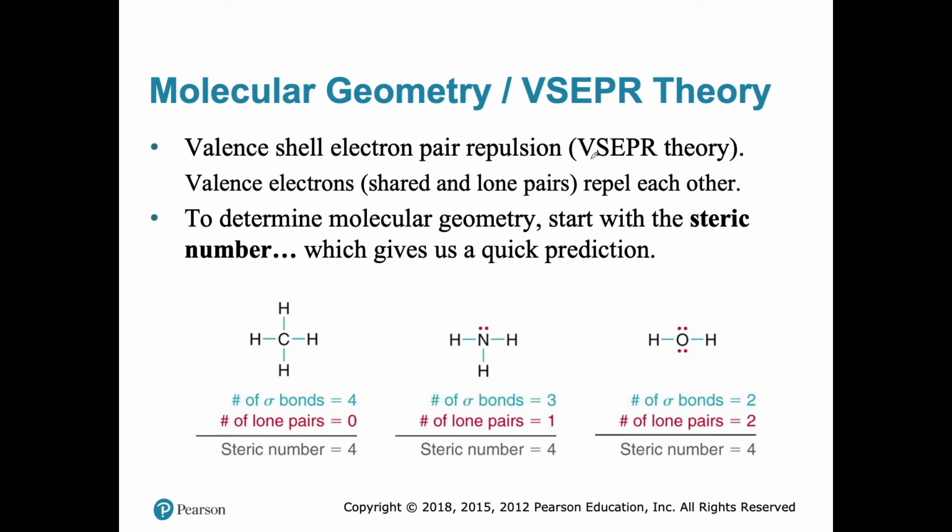It has a steric number of 4 because it has 4 bonds, electron domains attached to it. So really it's the number of sigma bonds plus the number of lone pairs. Carbon has no lone pairs, has 4 sigma bonds or 4 electron domains. What's its steric number? It's 4.